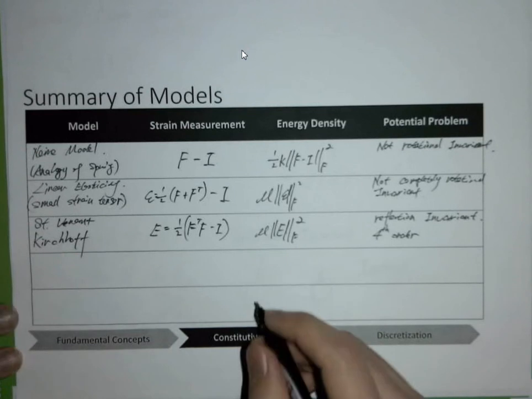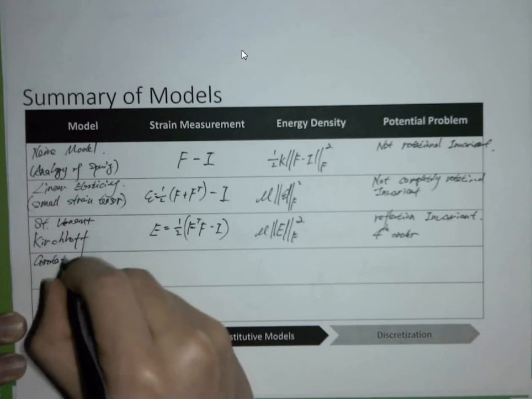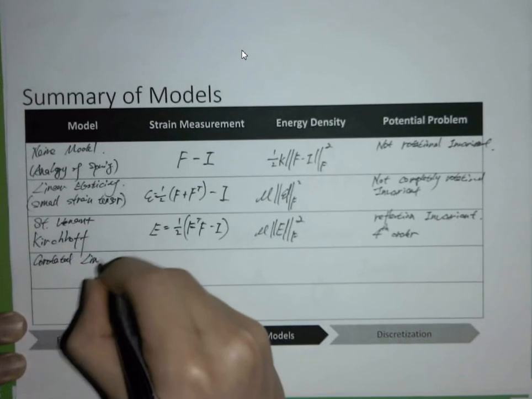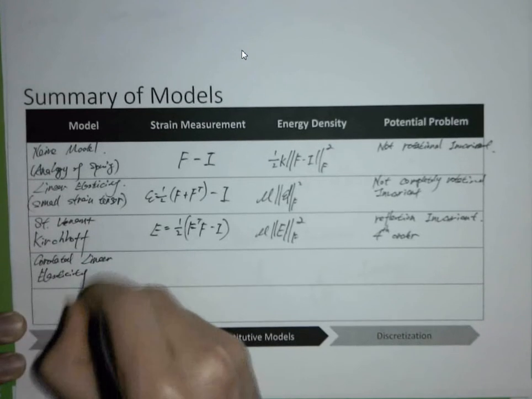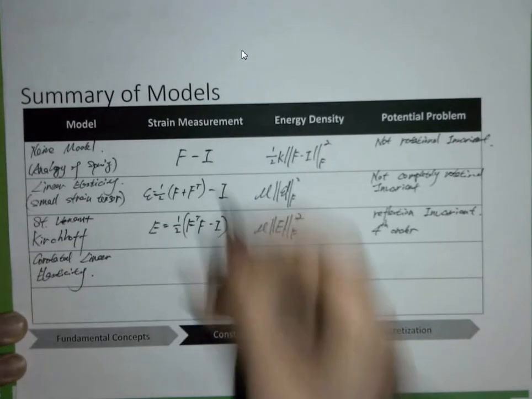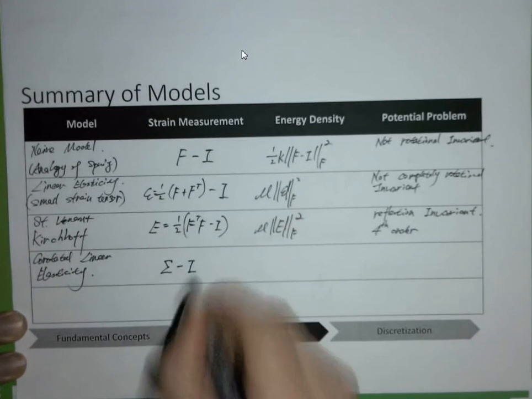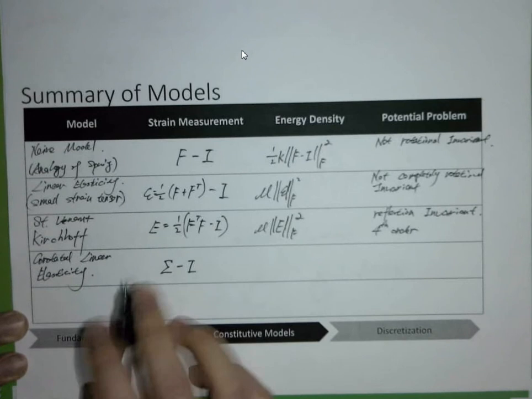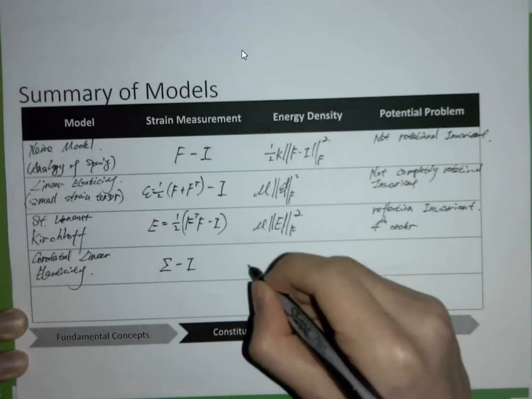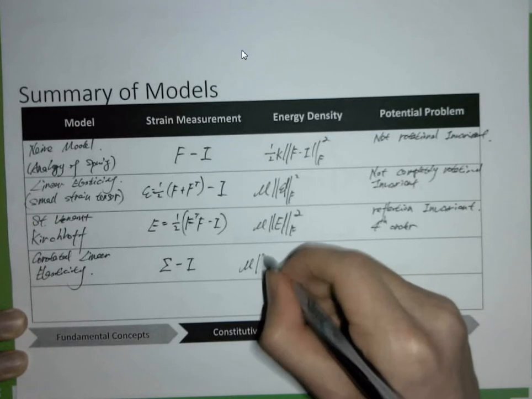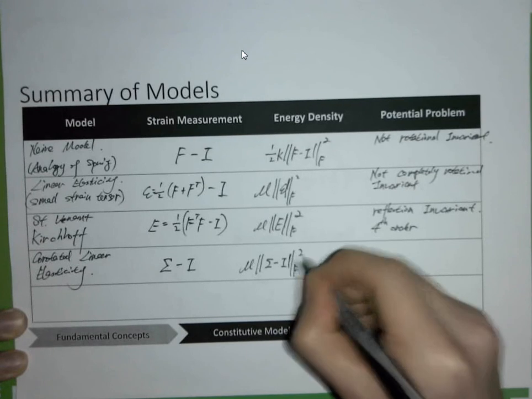Okay, we have co-rotated linear elasticity. In this model, we simply measure the strain as epsilon minus identity, where epsilon comes from the singular value decomposition. And then we measure the energy as something like the Frobenius norm squared.